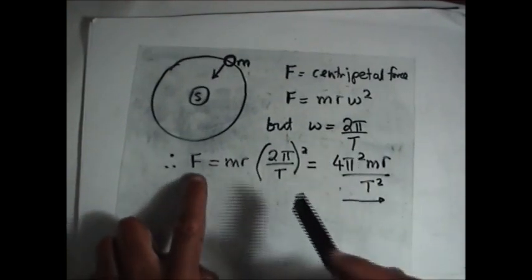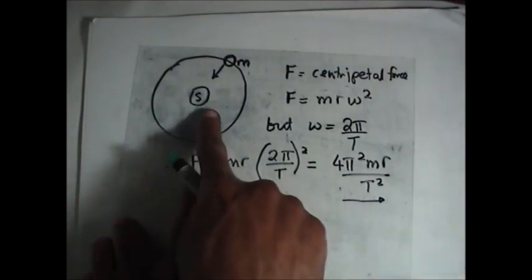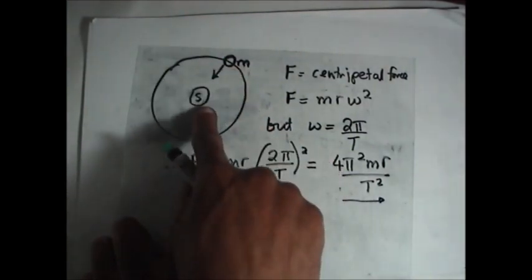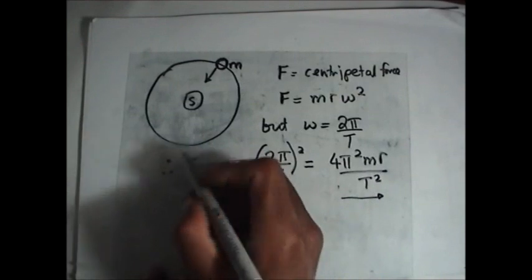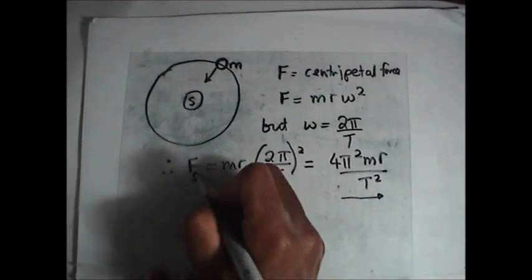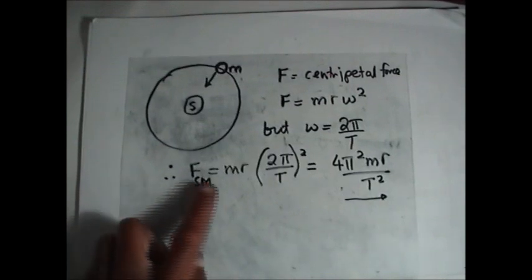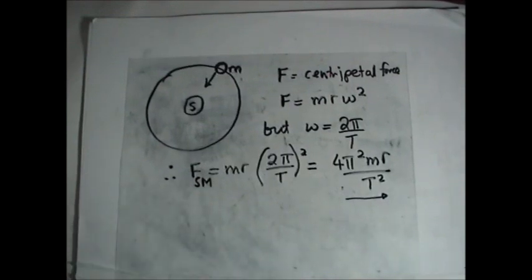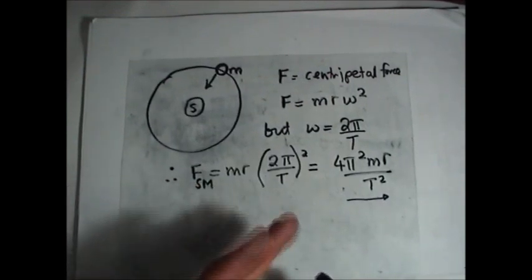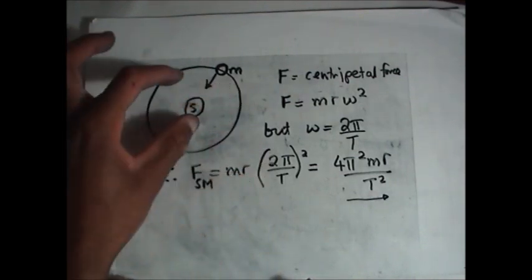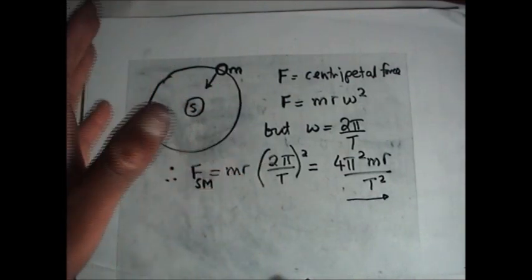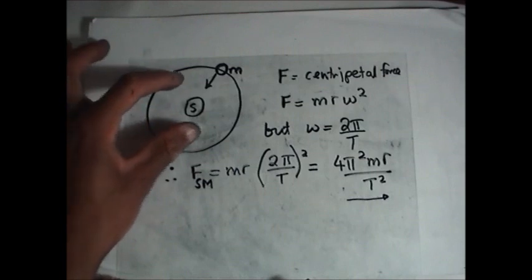So this is the force of attraction of the sun on the planet. I could write it as F of S on M, the force of the sun on that planet M. So that's what Newton discovered. Newton assumed circular orbits, isn't it? We are now deducing Newton's law of gravitation.